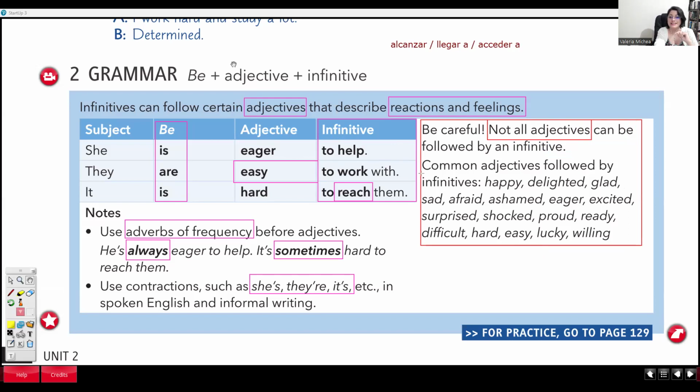You have to learn that some of them, especially these ones, like happy, delighted, glad, sad, afraid, ashamed, eager, excited, surprised, shocked, proud, ready, difficult, hard, easy, lucky, and willing. Not all of the adjectives that we have in English can be followed by an infinitive.